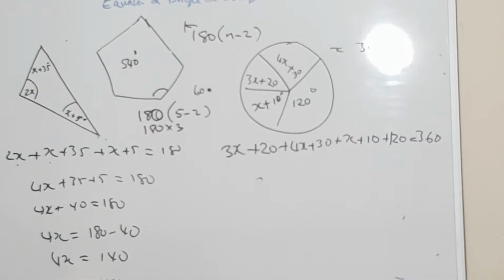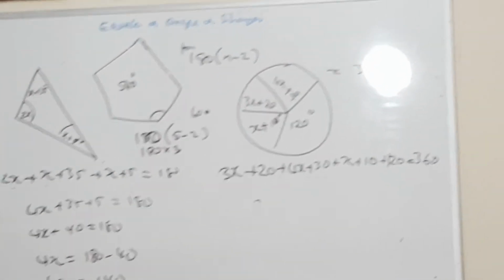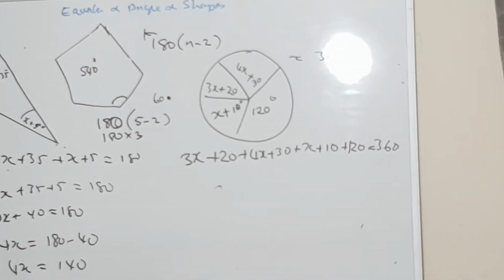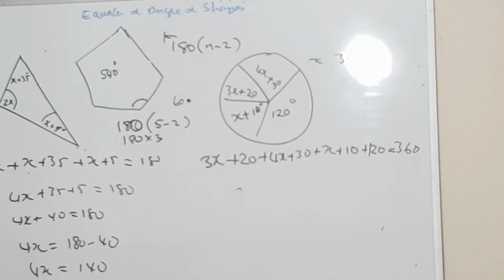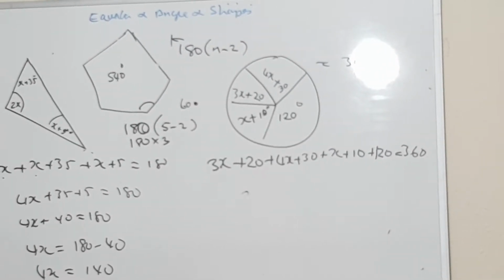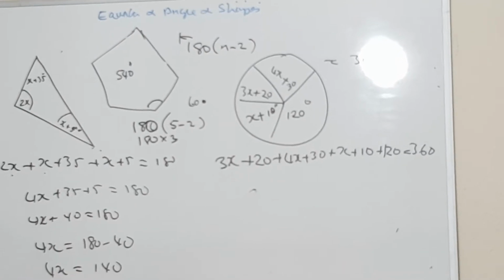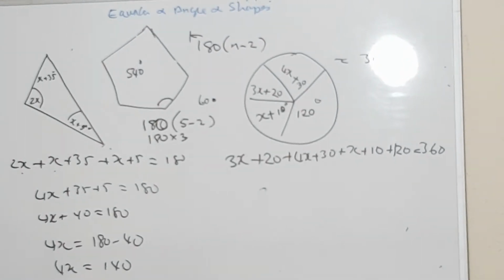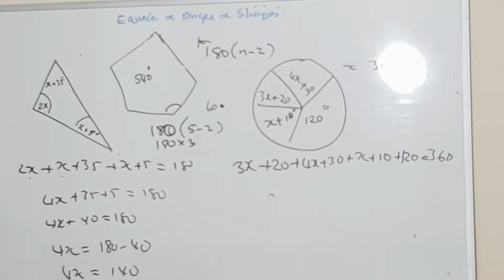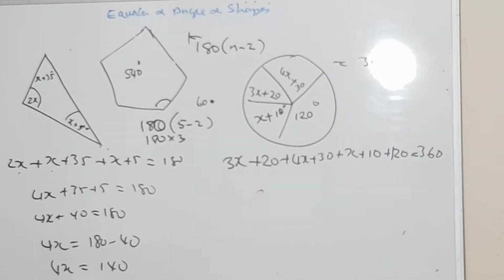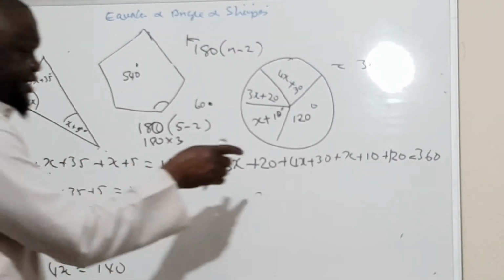Do you see? Don't forget that formula. Whatever number of sides they give you, just apply that formula. If it's 6 sides, you put 6 where n is. If it's 7 sides, you put 7 where n is. So here, let's arrange everything together.